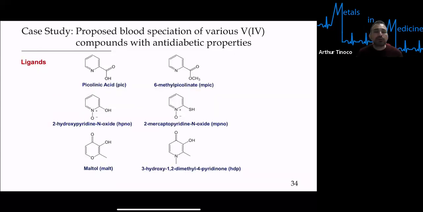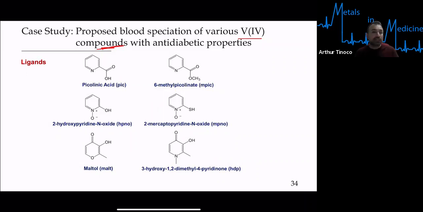All right, so I want to focus here back on vanadium-4 in terms of getting some idea about blood speciation of that particular vanadium oxidation state, but looking at specific vanadium-4 compounds. So here I'm looking at vanadium-4 compounds that have been reported to have anti-diabetic properties. I'm not going to really go into any details of what these anti-diabetic properties are.